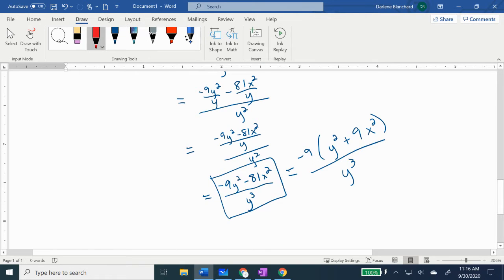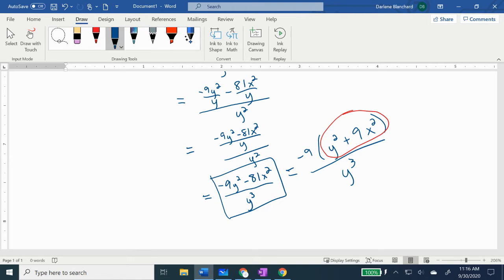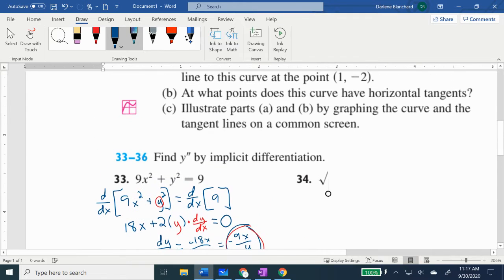So they really did do that. This got substituted with a piece from the original equation that said that 9x squared plus y squared was equal to 9. So this simplifies to negative 81 over y cubed. Wasn't that lovely? All right.